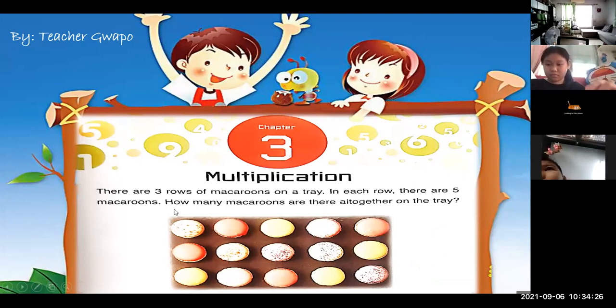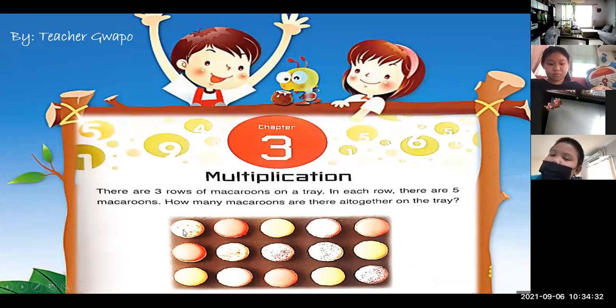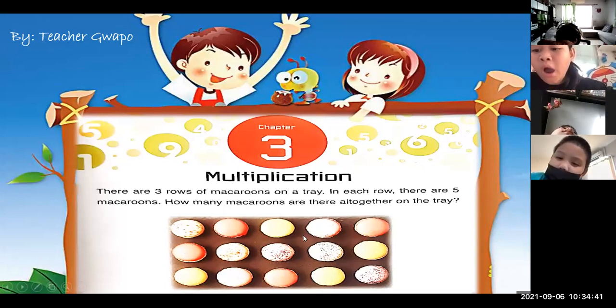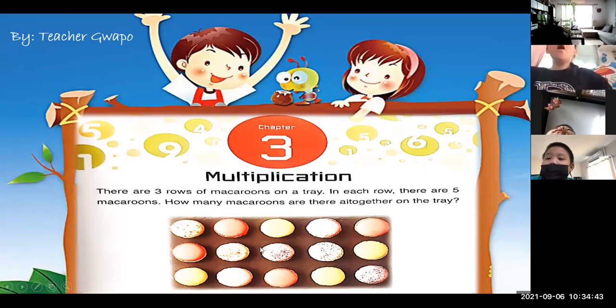The question here is how many macarons are there all together on the tray? If we count 5, another 5, another 5, that is 5 times 3. 5 macarons, and there are 3 rows. So the answer is 15.